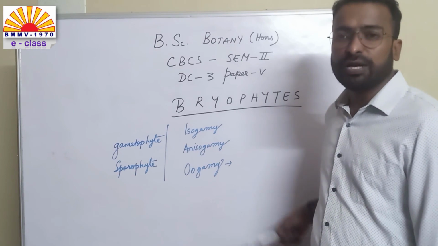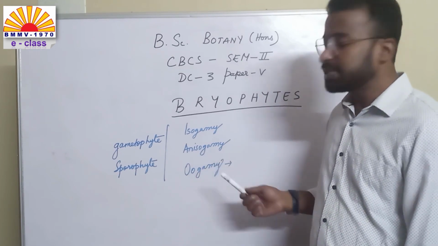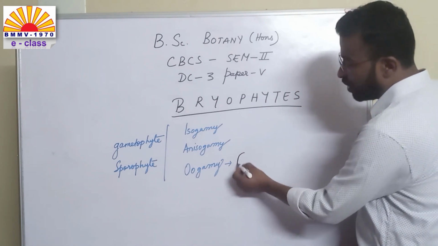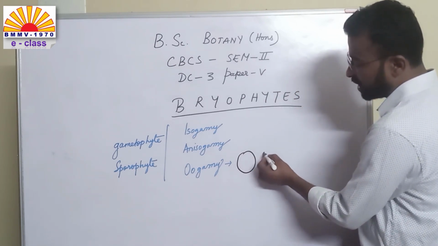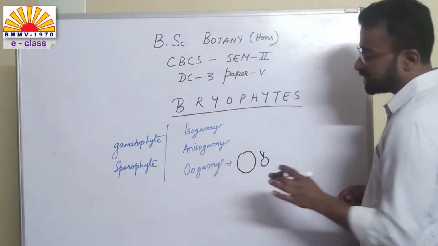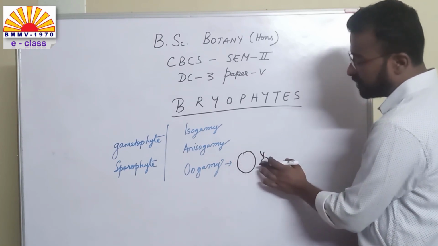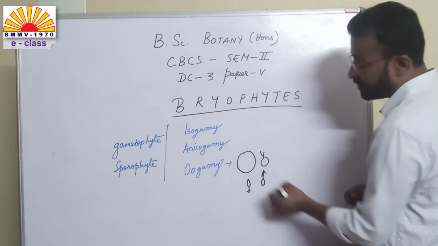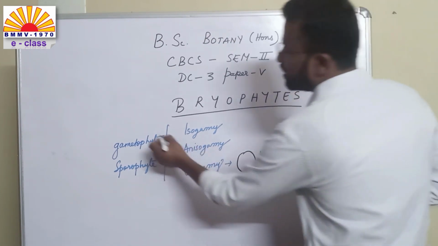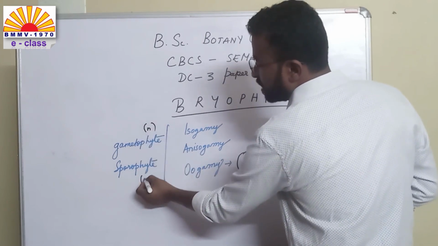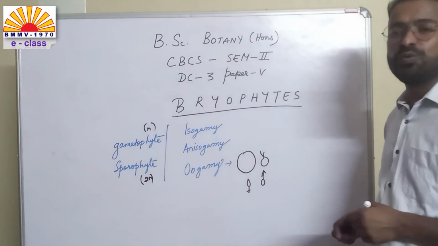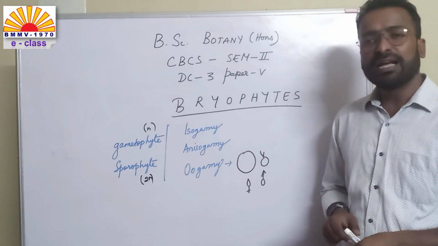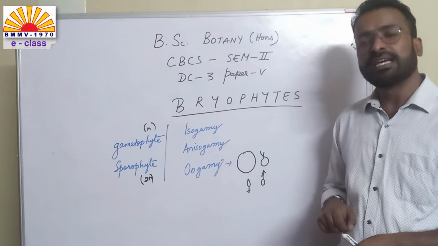Bryophytes mainly follow the oogamous type of reproduction, where the gametes are physiologically and morphologically different, and this is the female gamete and this is the male gamete. Gametophyte is represented by n number of chromosomes, sporophyte by 2n. I want you to follow the slides that I have just prepared, and we will come back and discuss it in detail.